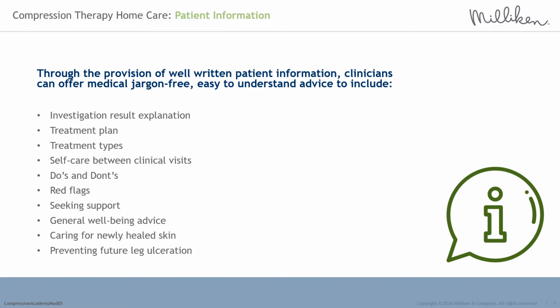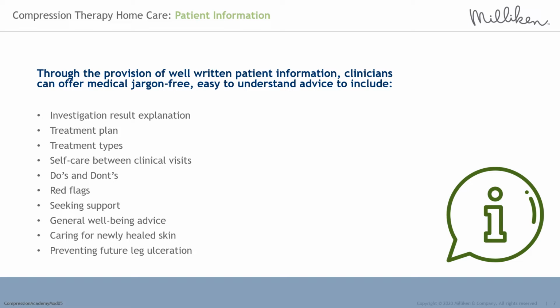Their treatment plan is individual to them, and treatment is selected to match their ankle brachial pressure index result, limb volume, and the wound needs. Explain compression and other treatments that are being used, what they are and how they work. We are going to cover in more depth, explaining the following aspects to the patient shortly.